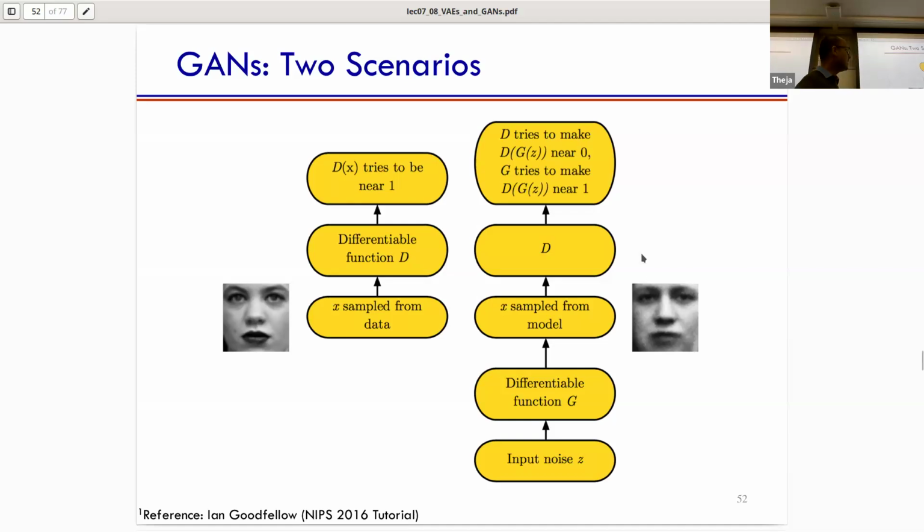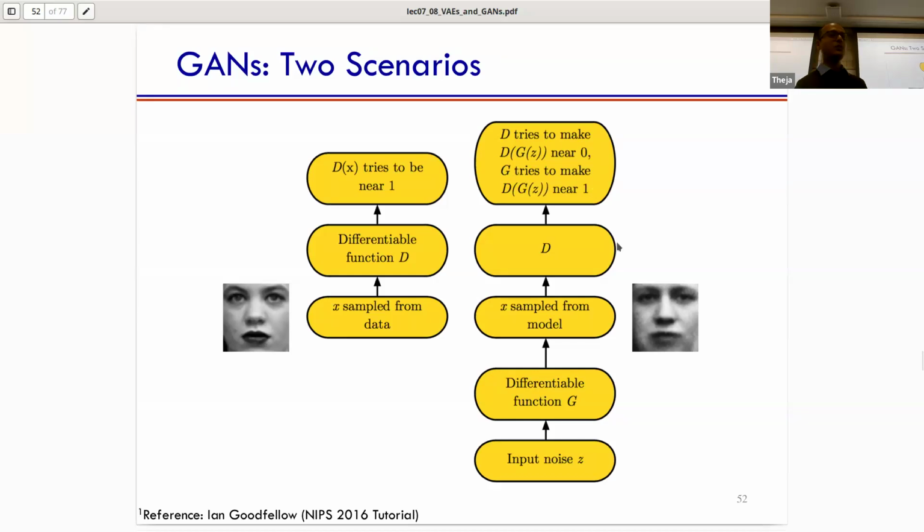At the same time, G is trying to produce outputs such that when passed through D, D produces close to 1. So G still has control, right? G can produce better and better quality outputs such that it can confuse D, so that D starts producing 1 instead.